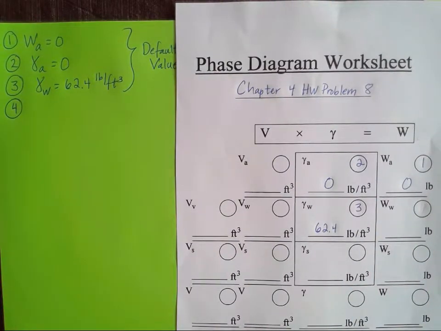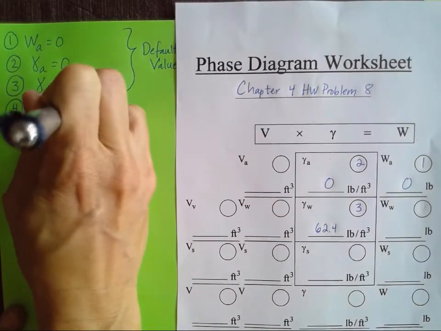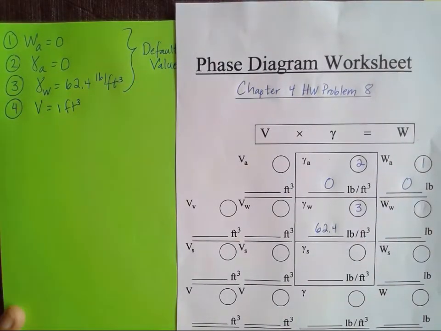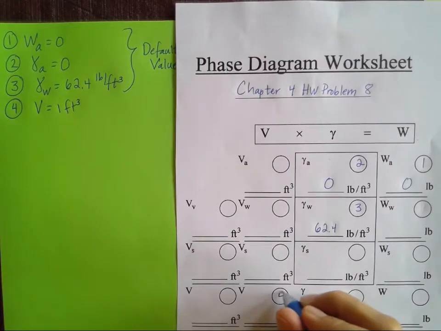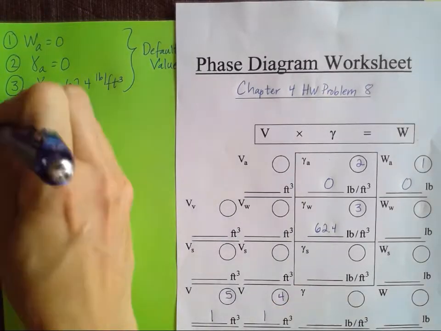We're told that the unit weight of the 1 cubic foot soil sample is 126 pounds per cubic foot. I'm going to write the volume down because it says it's a 1 cubic foot soil sample, and that's the total volume. So I'm going to make that my number 4, and then I'll duplicate it right next door for number 5.